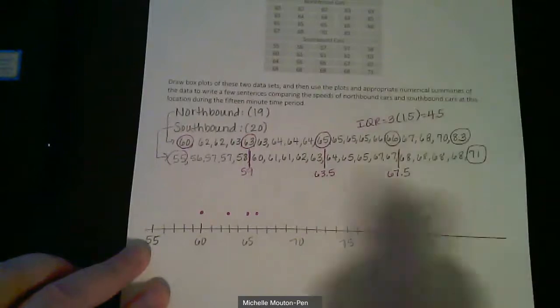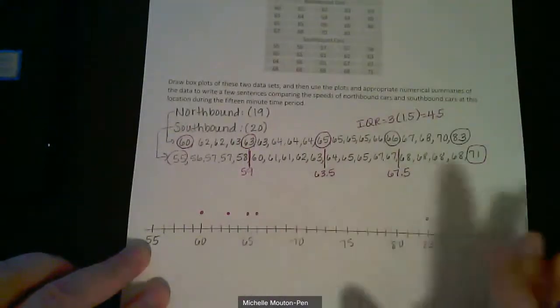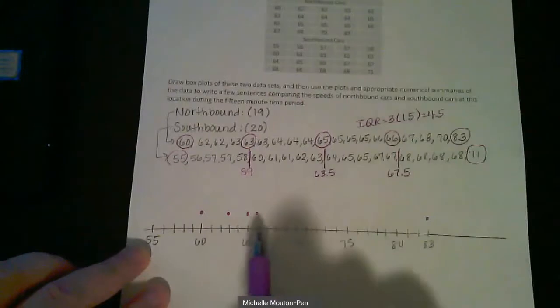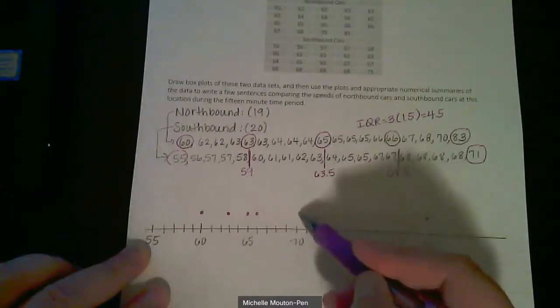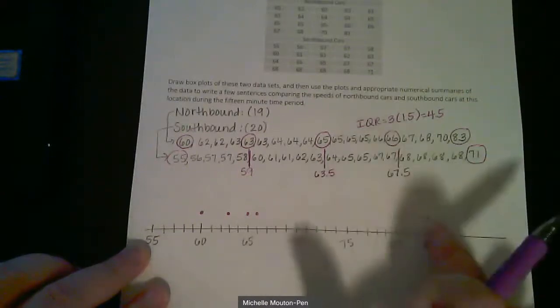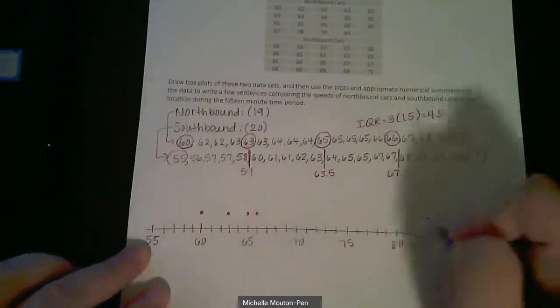So something on here is going to be an upper outlier if it is above my quartile 3, which is 66, by 4.5 more than that, so that would put me at 70.5. If I have any numbers higher than 70.5, then they're an outlier. Therefore, 83 is an outlier.